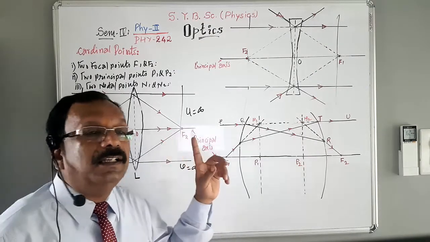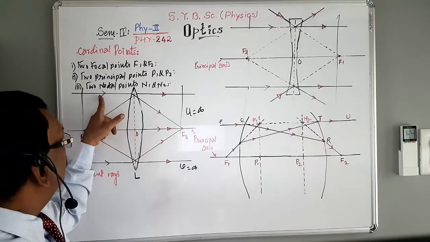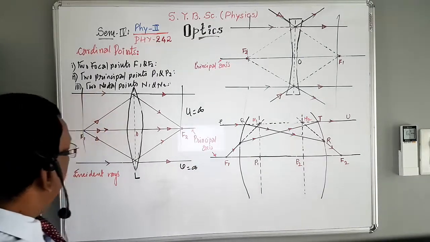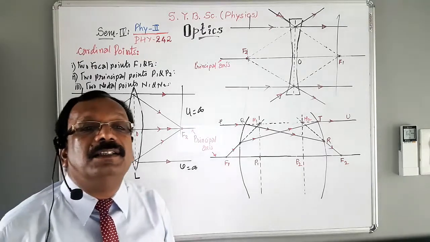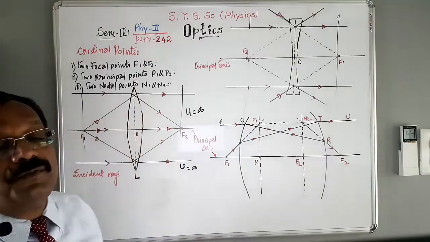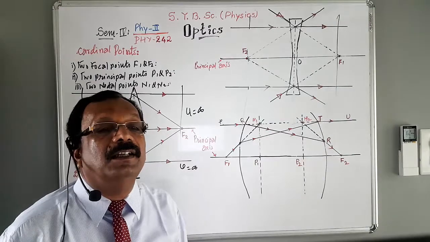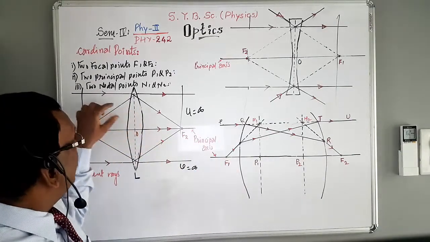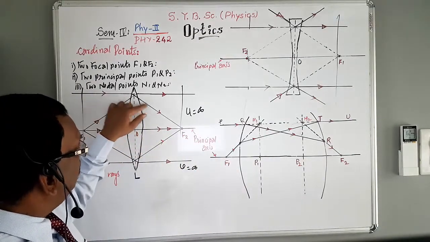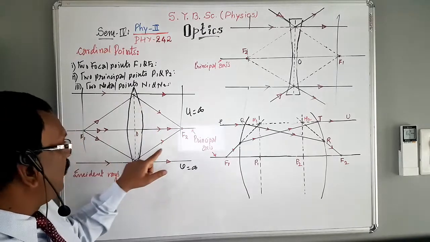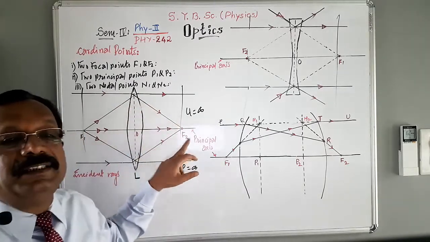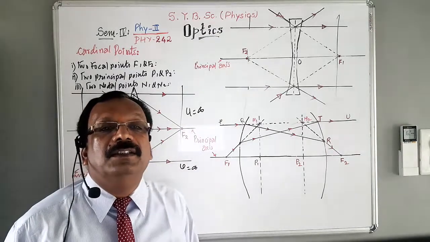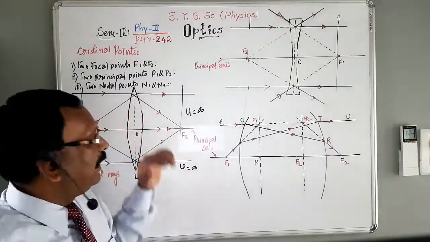Consider a set of rays which comes from the left side parallel to the principal axis and is incident on the surface of the convex lens. After refraction, these rays get refracted like this, and they come to focus at a single point F2 on the principal axis.